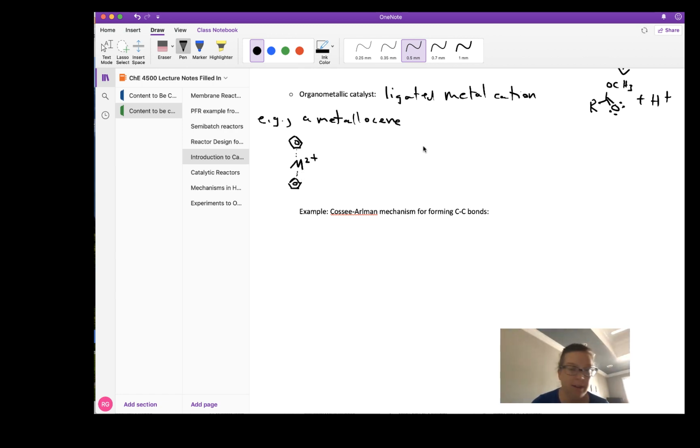Another example is a rhodium complex. In that case, we'd have a rhodium cation, and it's going to be bonded to different ligands.